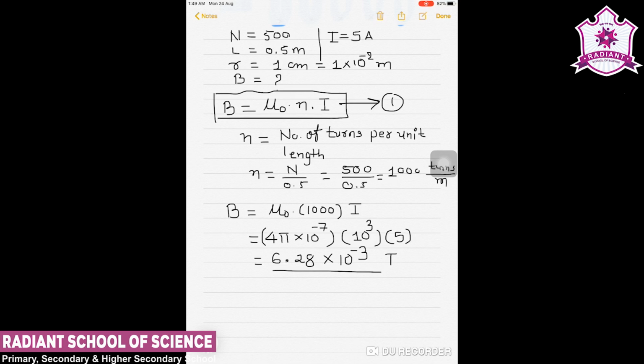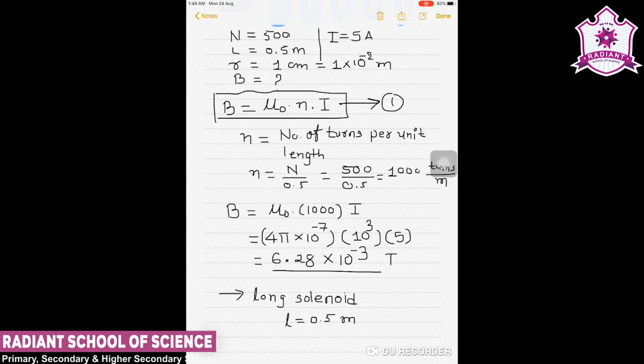Here again we have considered that this solenoid is a long solenoid. Why do we consider it as a long solenoid? Because the length of the solenoid, 0.5 meter, is very large with respect to its radius, small a, which is a very tiny value.